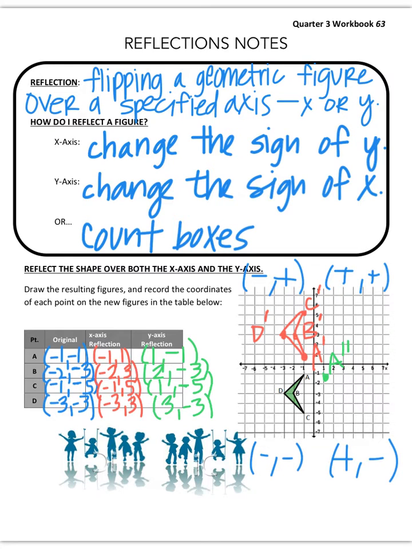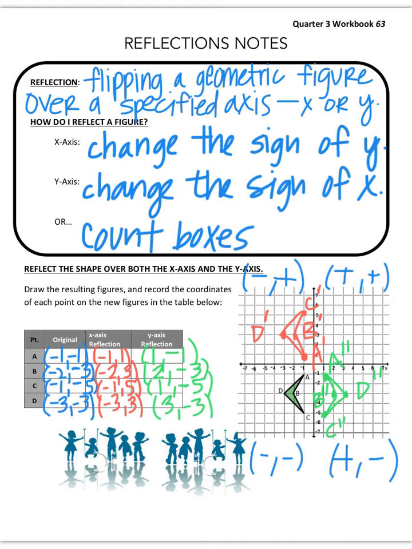B is going to be at 2, negative 3. So B prime prime. C is at 1, negative 5. And finally, D will be at 3, negative 3. Connect your dots. And now we've reflected across the y-axis.